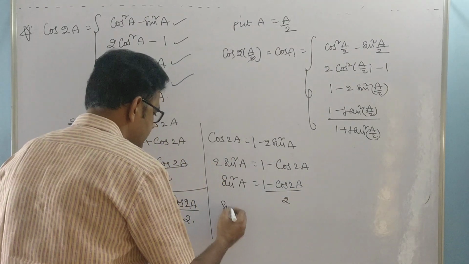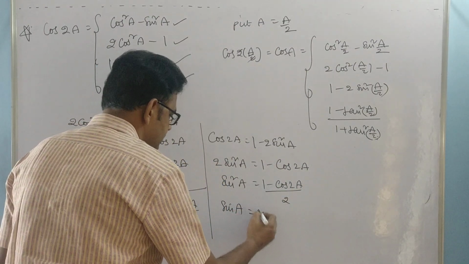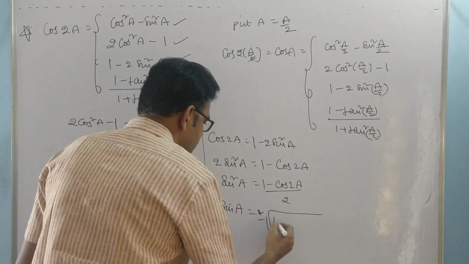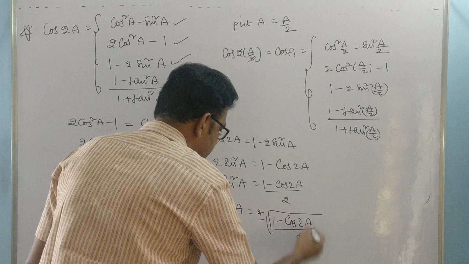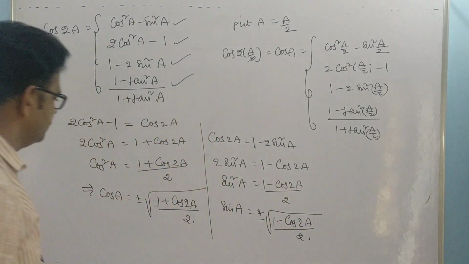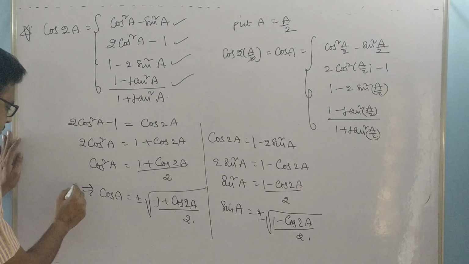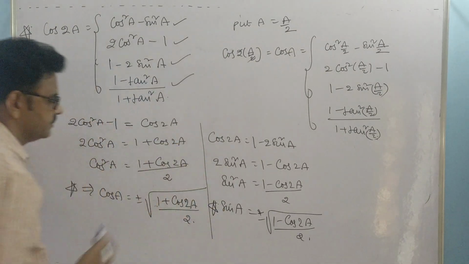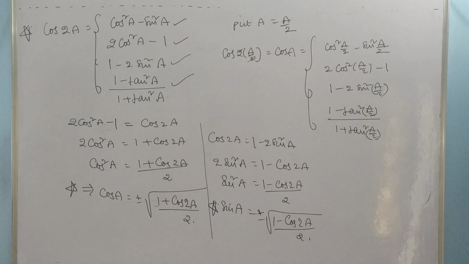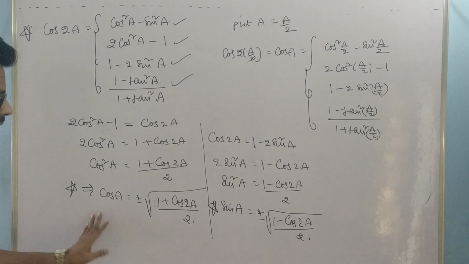Therefore, sin A is equal to plus or minus root of 1 minus cos 2A by 2. So these are also important formulas. Okay, just write down.